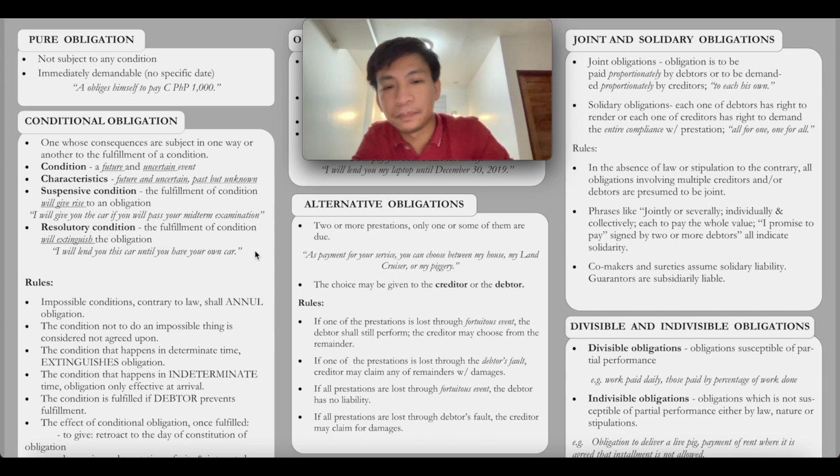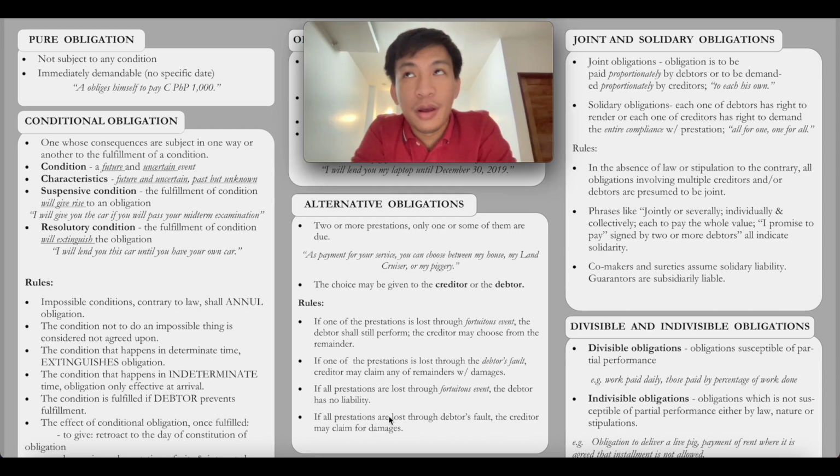Now, the condition is fulfilled if debtor prevents fulfillment. Okay. Ibig sabihin nun, ma-fulfill daw yung condition, and mag-a-arise na rin yung obligation kung yung debtor prevents the fulfillment. For example, yung example natin kanina na bibigyan kita ng 1 million kung magkakajowa ka. Okay.